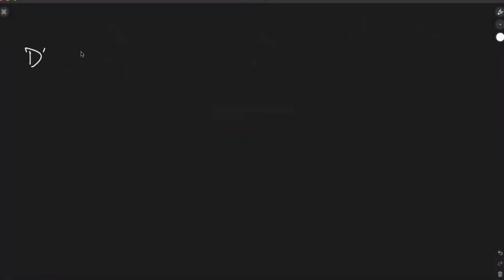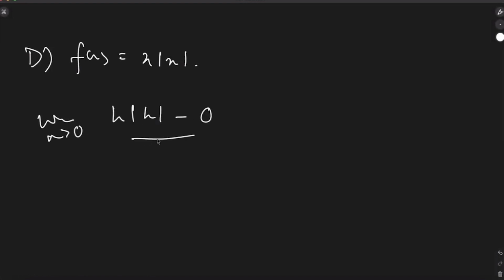Okay. Now moving forward to option D. Option D has been given as x mod of x. All right. So limit h tends to 0, h mod h minus 0 all divided by h square. So limit h tends to 0 mod h upon h. Okay. So it will have two values.